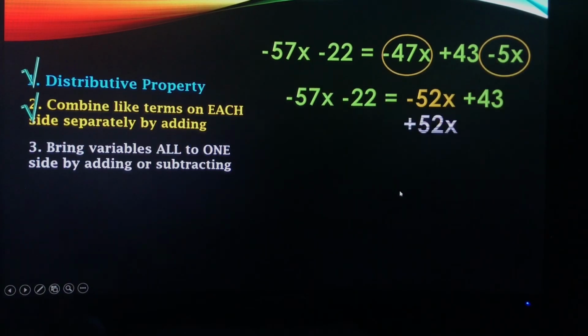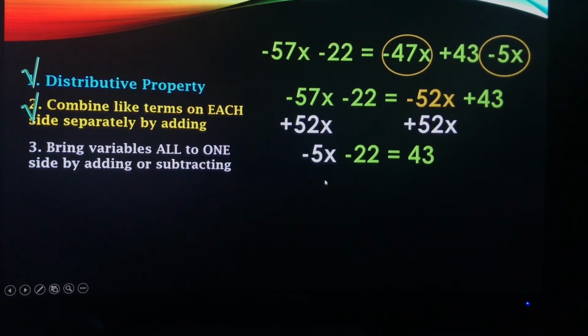So I'm going to add 52x. If I add it on the right, I must add it on the left. Okay, so that's going to leave me with negative 5x minus 22 equals 43. Notice I haven't done anything with the 22 or the 43. They just kind of hang out there until I'm done.